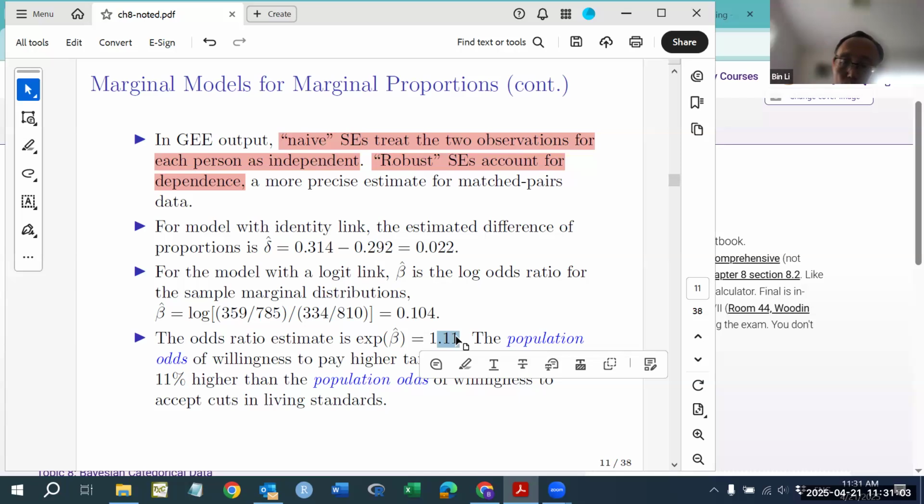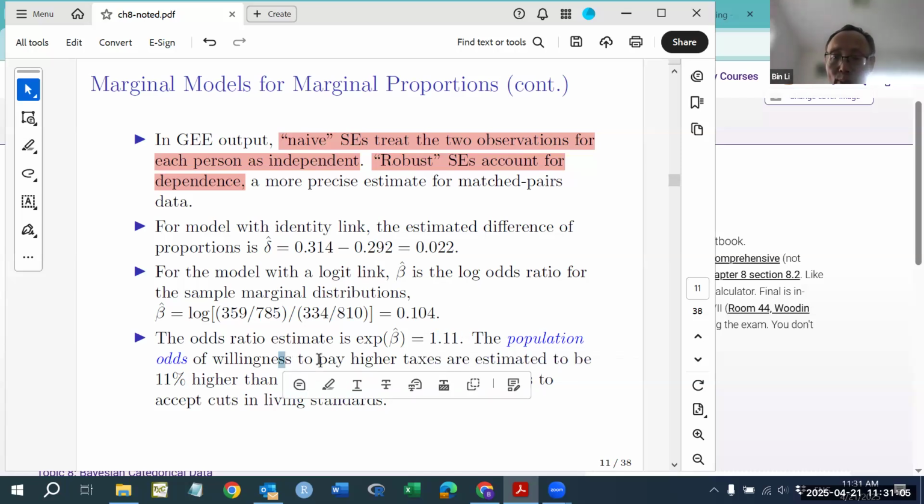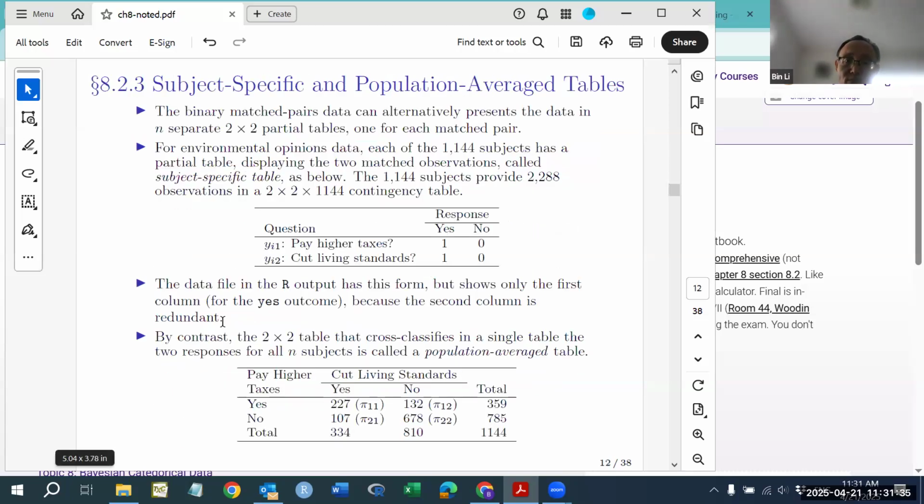We interpret that the population odds of willing to pay the higher tax are estimated to be 11% higher than the population odds of willing to accept the cuts in the living standard. So that's how we interpret differently if we use different link functions.